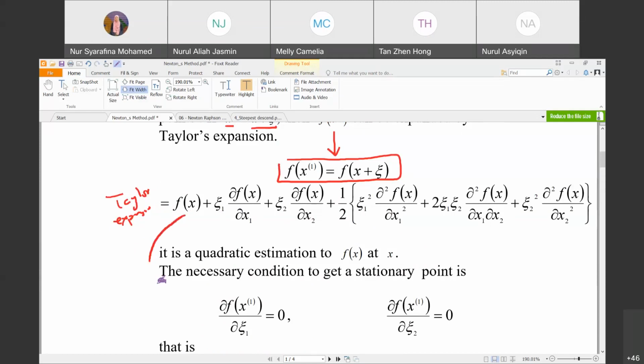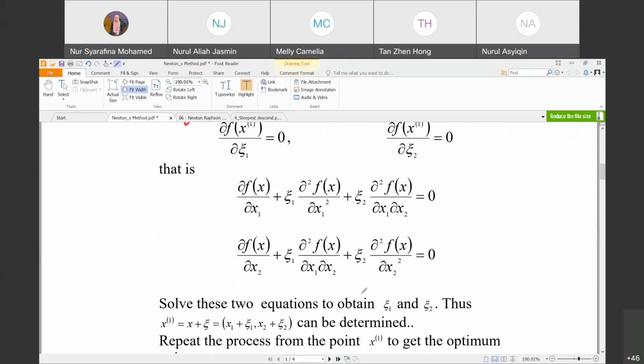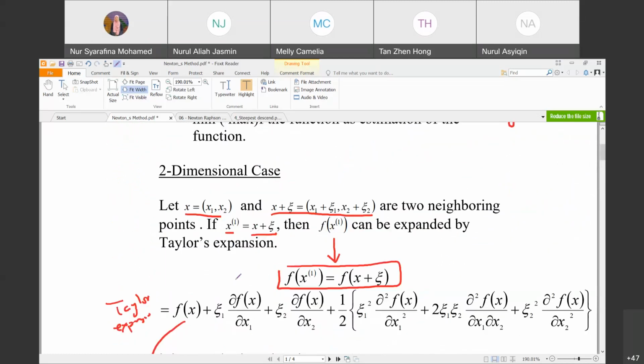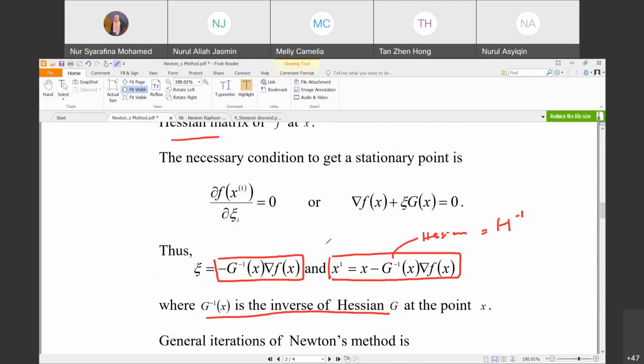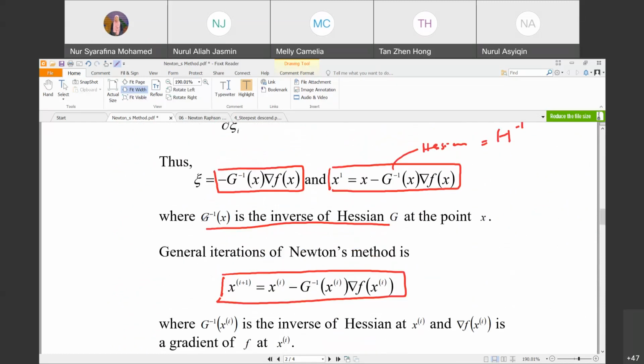From here, you differentiate f with respect to epsilon and set it equal to 0, and then we have the values of epsilon in order to update the formula. In two dimensions, epsilon itself is the value involving the Hessian inverse. To make it general, we can just use this as our iterative formula.